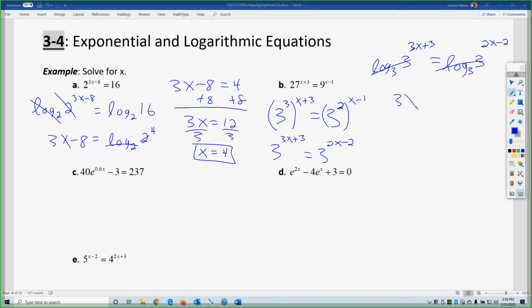So you have 3x plus 3 equals 2x minus 2. We'll subtract 2x, and we'll subtract 3. So that means x plus 0 equals 0 minus 5. So x equals negative 5. That should work out okay.